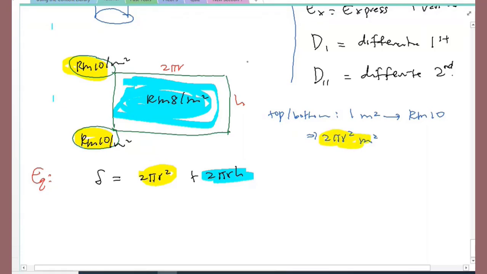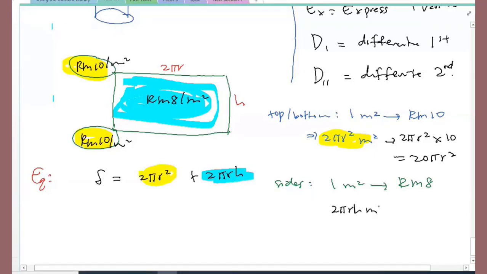So 2 pi R square times 10 ringgit is equal to 20 pi R square. Now the cost of the side, 1 meter square costs RM 8. What is the formula for this? 2 pi RH meter square.